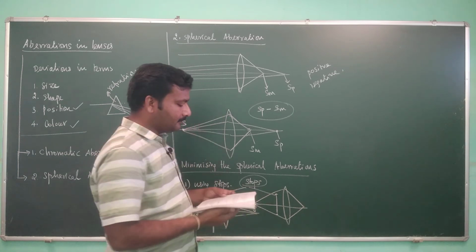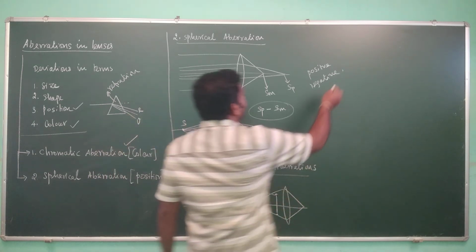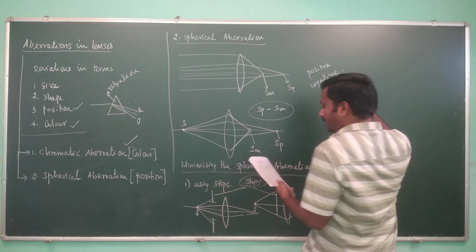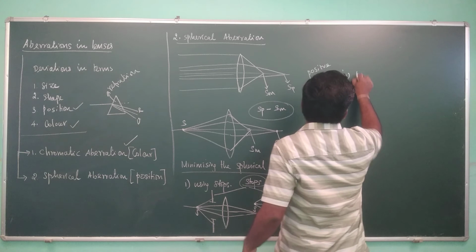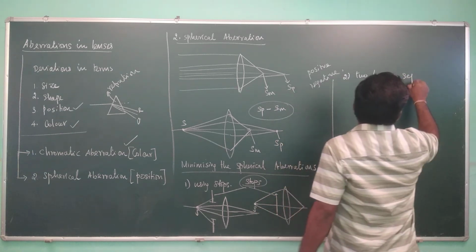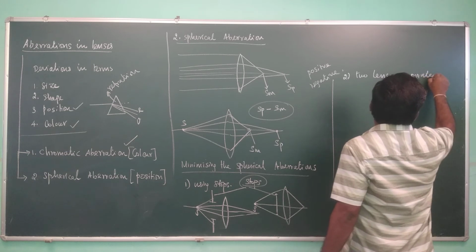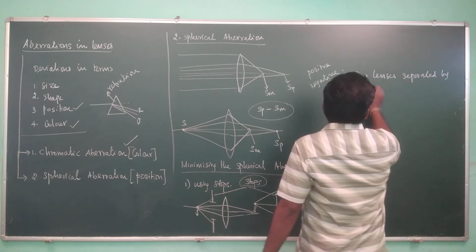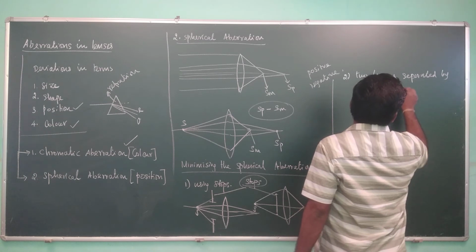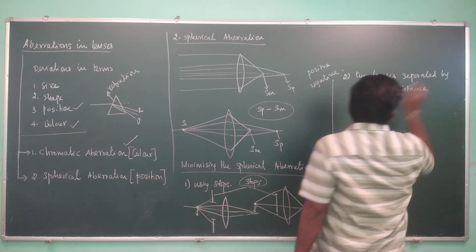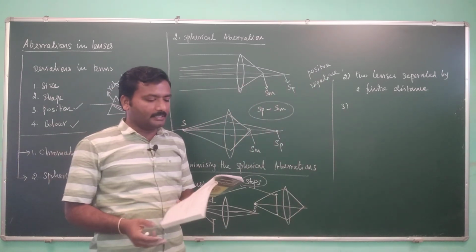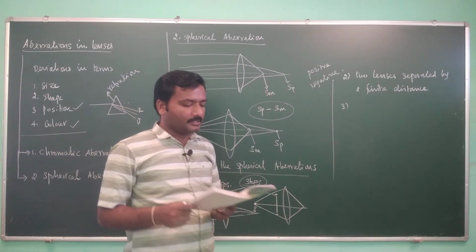Okay. Another thing, second point, is using two lenses separated by a finite distance. So we can use two different lenses which are separated by a finite distance, right?